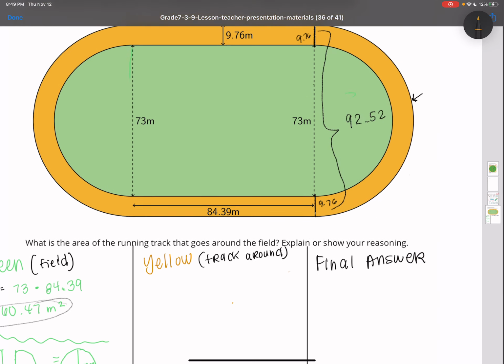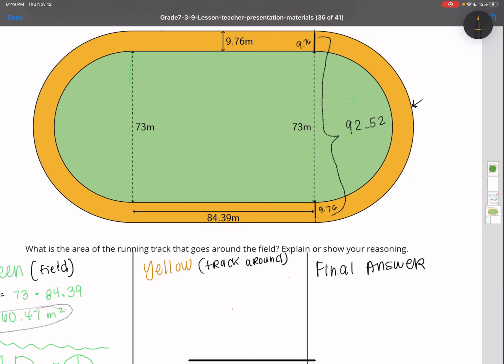So I want to find the area of what first? The area of the rectangle, where the length is not 73 anymore. It's 92 and 52 hundredths. So I'm going to multiply 84 and 39 hundredths times 92 and 52 hundredths. Now, if you don't know how I got that formula, keep in mind that to find the area of any parallelogram is base times height or length times width.